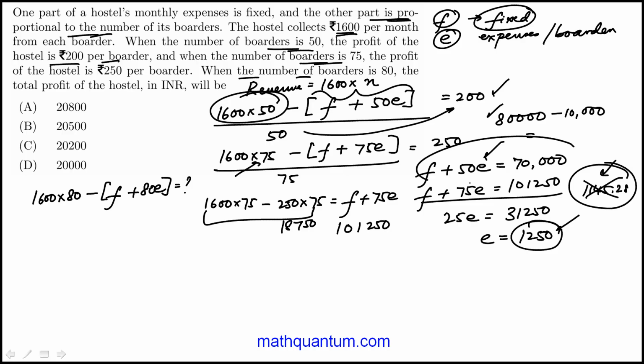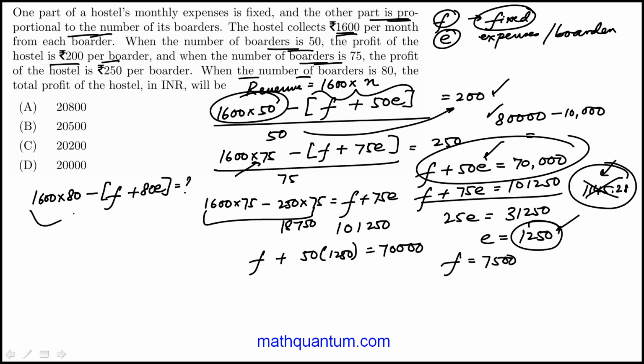And then I can figure out F from this first equation by just plugging it in. So 1,250 times 50, and then minus 70,000. So again, I get a nice number, 7,500. And then I plug that in here. 7,500 plus 1,250 times 80.